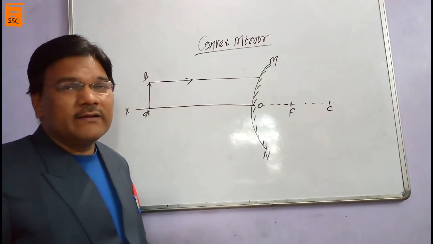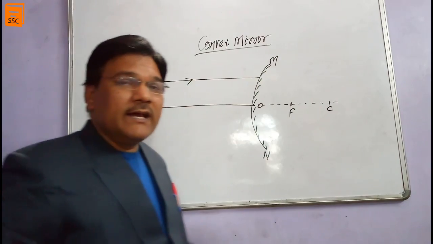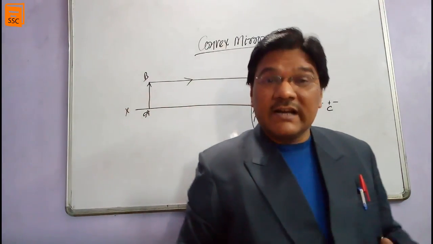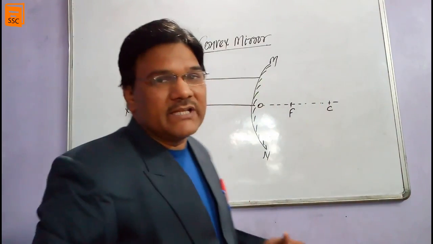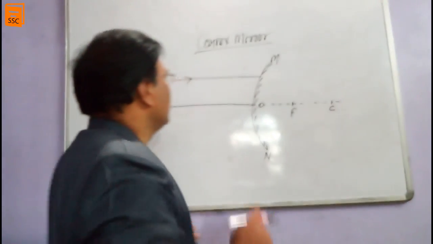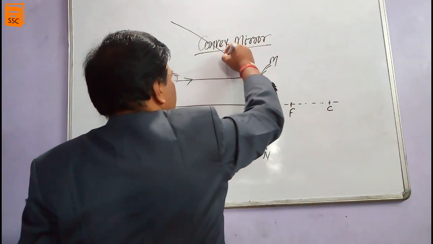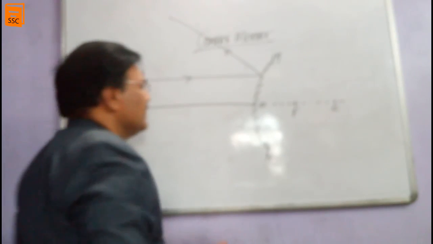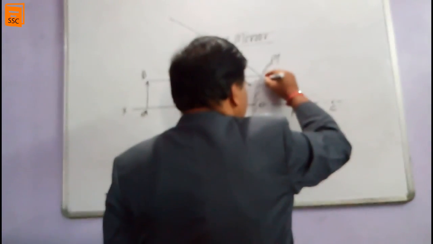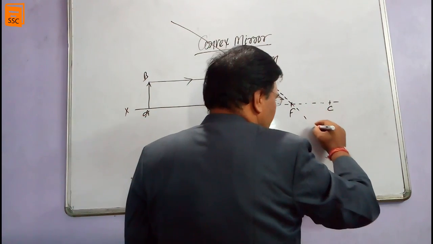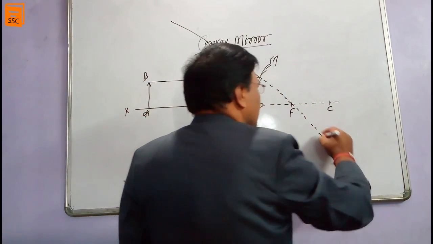It either intersects the principal axis, or is considered to intersect it in an imaginary image. So what we have is a diverging ray. When the incident ray parallel to the principal axis diverges, and the diverging ray is extended backward, it passes through the focus. Always keep this in mind.